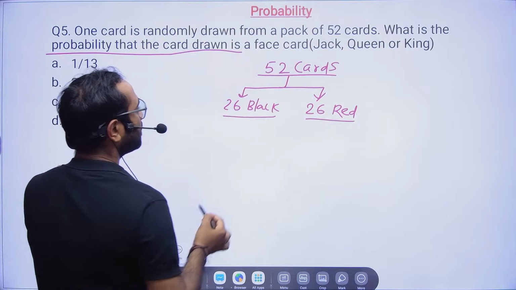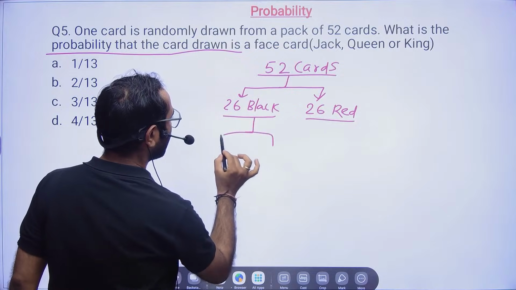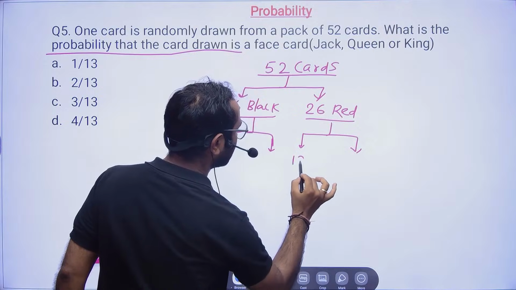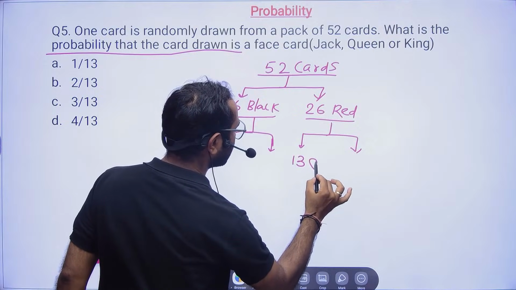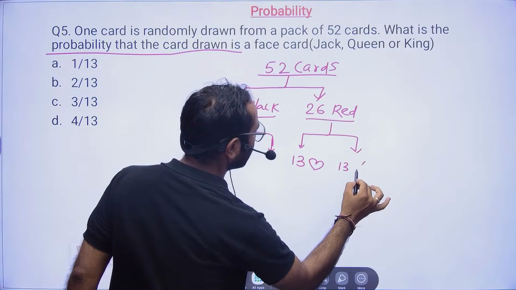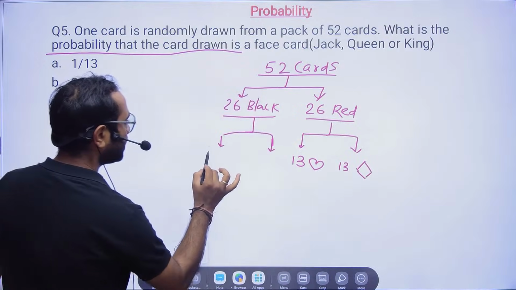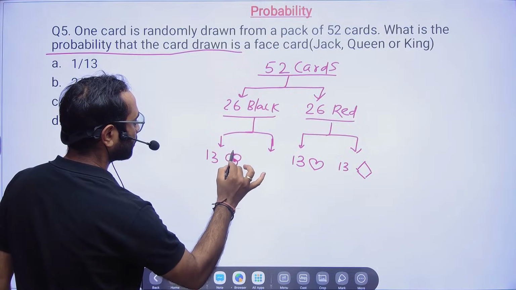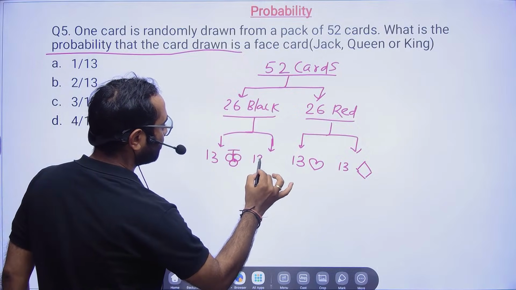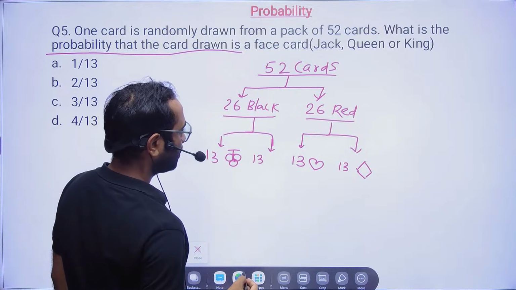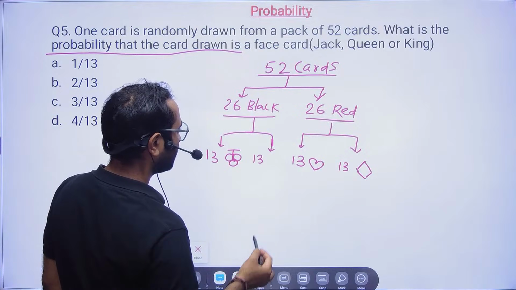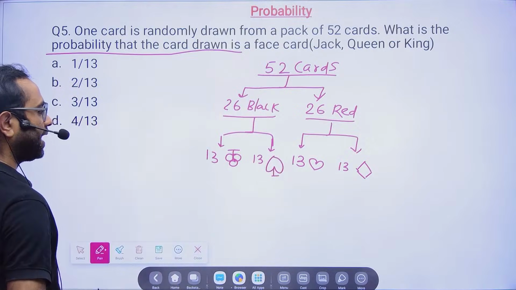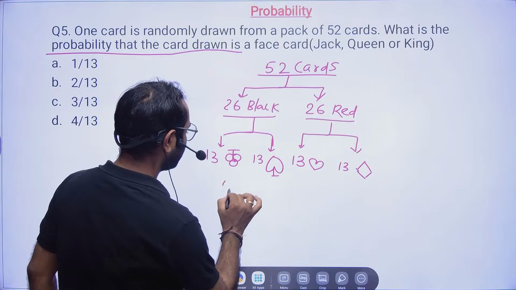Correct? Okay. And in black and in red, we will be having 13 heart and 13 diamond, and 13 spade and 13 club.